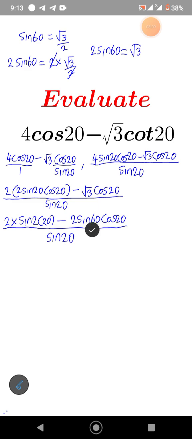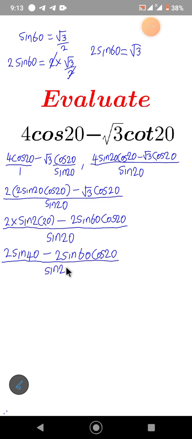Then the next thing I'm going to do now, I will say this 2, we multiply this, so here will become 2 sine 2 times 20, that's 40, that's 2 sine 40 minus 2 sine 60 cos 20 all over sine 20.